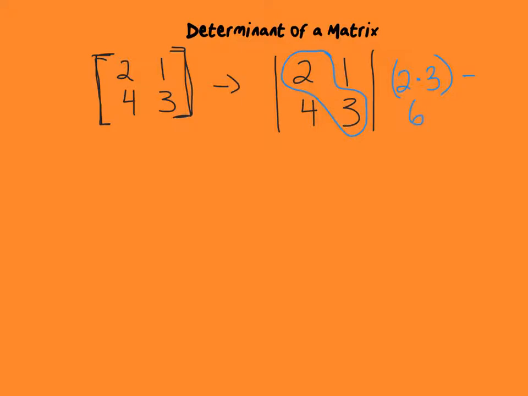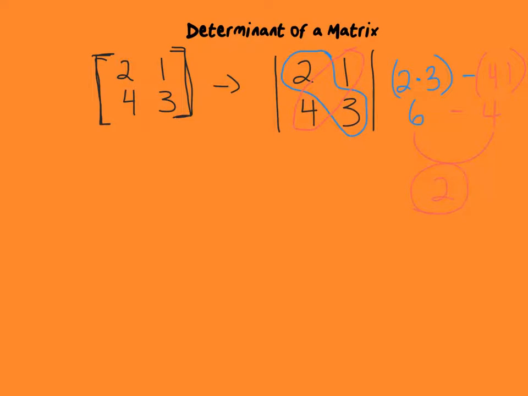Be careful to use your basic rules of arithmetic, always. Then you're going to subtract the multiplication of the middle and third number. 4 times 1 is 4. So 6 minus 4 is 2.